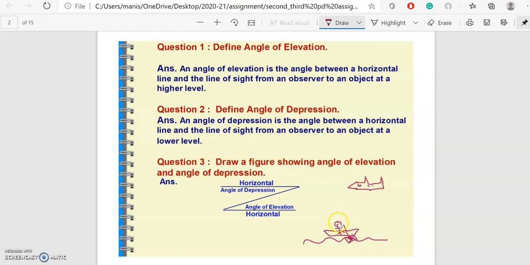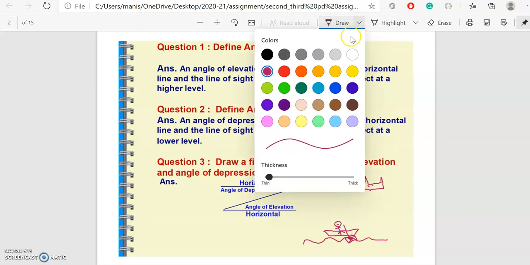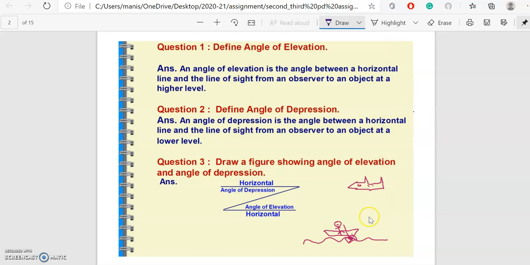Now what happens is, angle of elevation says an angle of elevation is the angle between a horizontal line. Let me draw a horizontal line over here. This is a horizontal line, and the line of sight from an observer to an object in higher level. The man in the boat is looking at the plane over here.